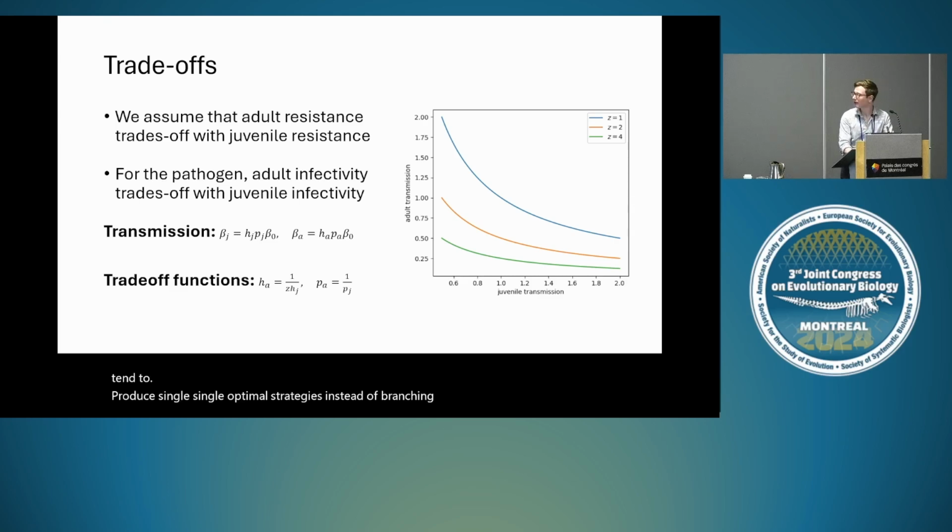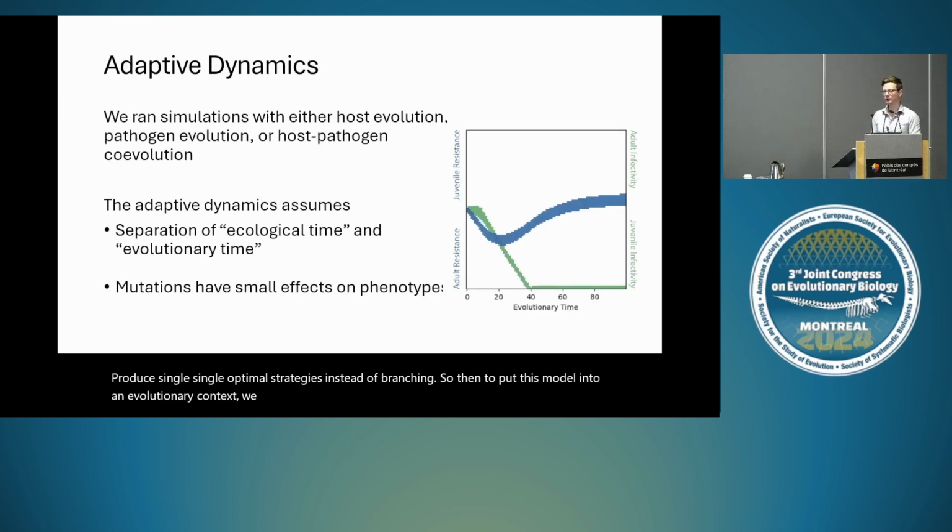To put this model into an evolutionary context, we use adaptive dynamics. Adaptive dynamics is a framework where you assume that ecological time and evolutionary time are separate. When we start out, we have some initial genotypes for our host and pathogen, and you let them reach what's called an ecological equilibrium. So they reach an equilibrium prevalence of the host and the pathogen.